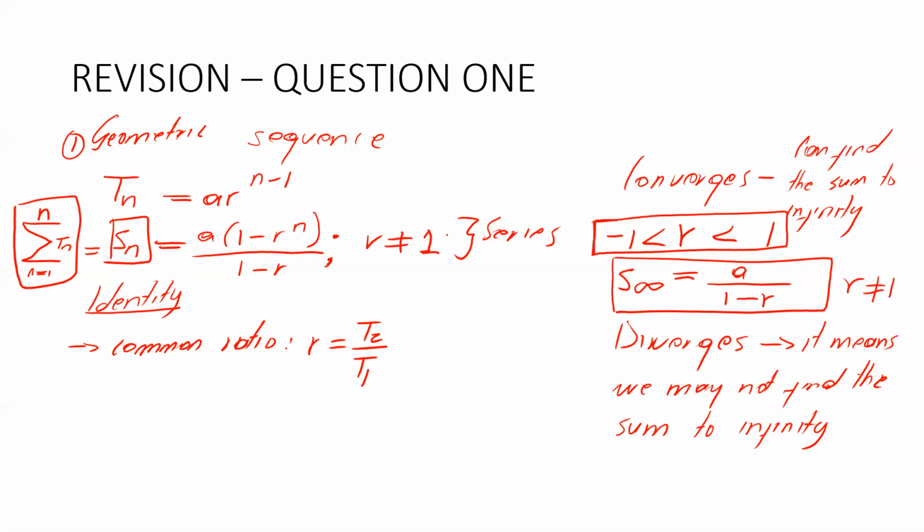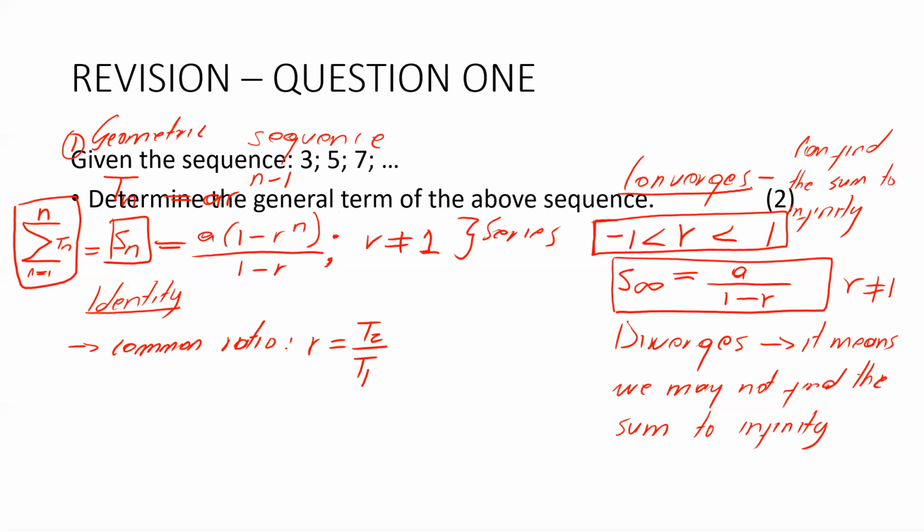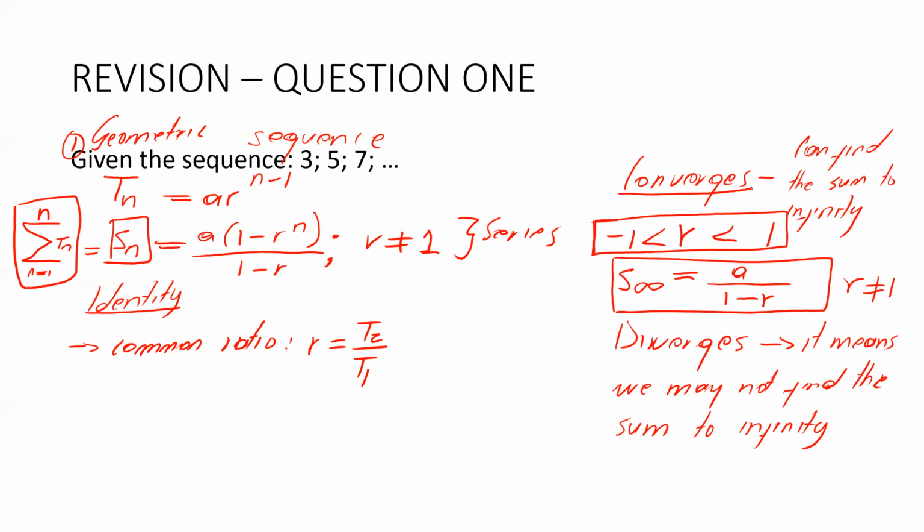And for the series to converge, meaning to find the sum to infinity, the absolute value of r must always be between -1 and +1. If r is not within that boundary, then your series will not converge. Instead, it will diverge. So it's either your series diverges or it converges.